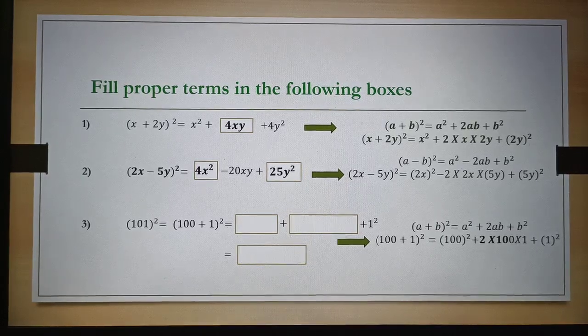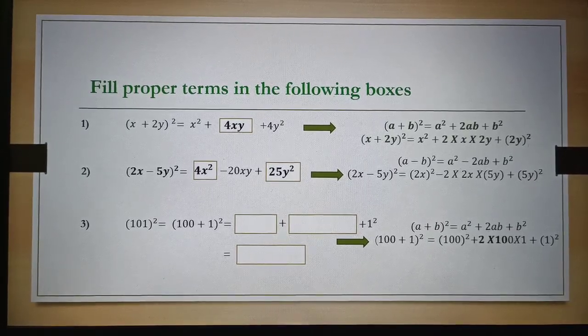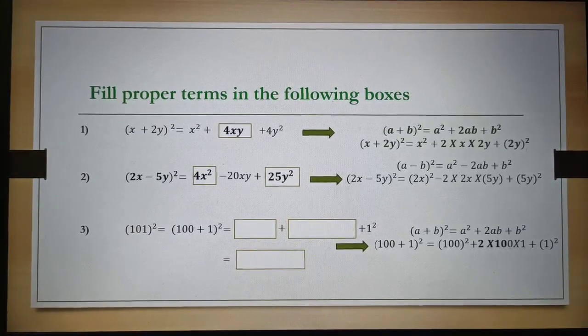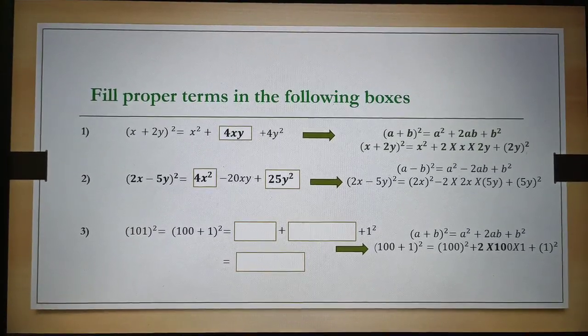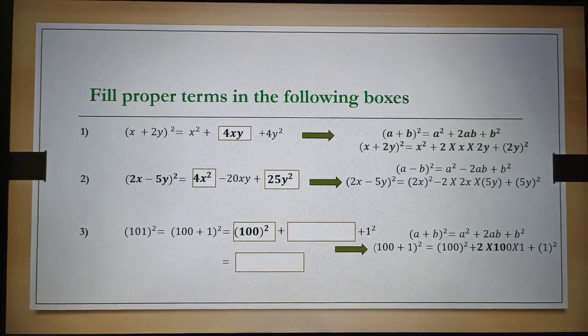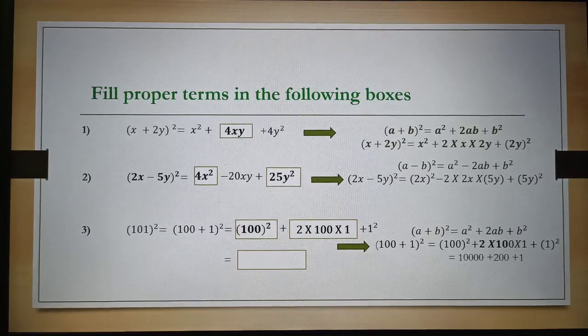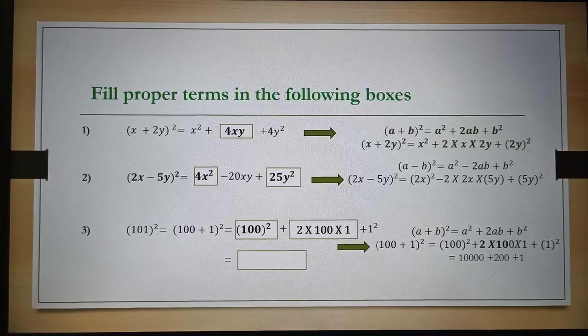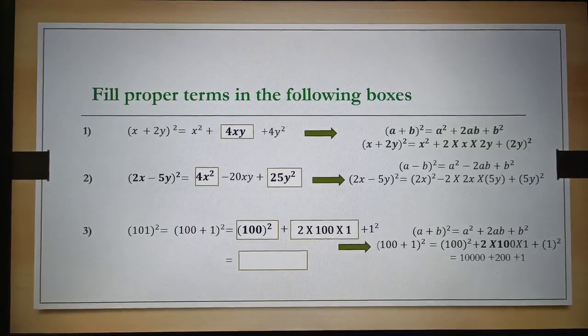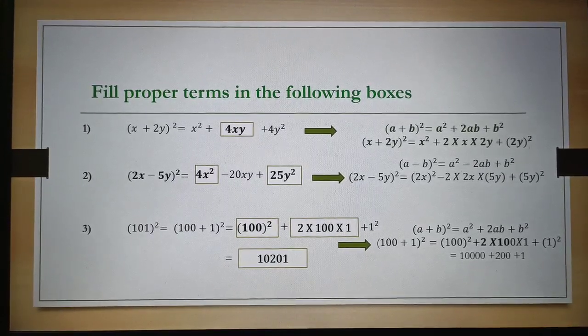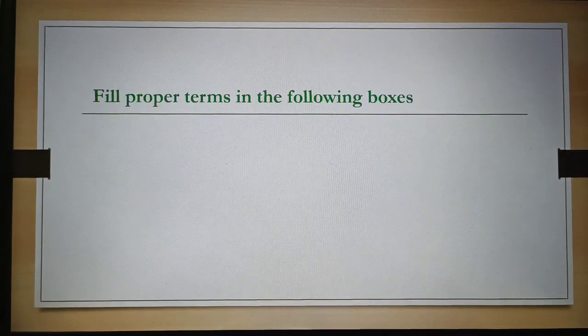This is equal to 100 square plus 2 into 100 into 1 plus 1 square. 100 into 100 gives 10,000. Then 2 into 100 into 1 gives 200. 1 square is 1. When we add all these values, we get the answer 10,201.